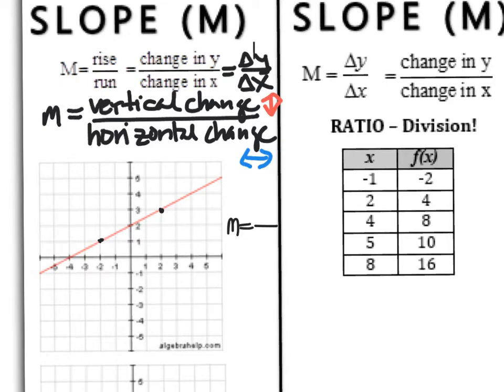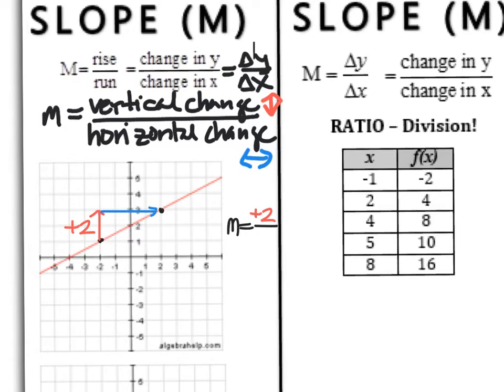I'm going to start at my leftmost point, and I'm going to rise up, and that will give me my top number. So in this case, I'm rising +2. Now sometimes a rise, or the vertical change, could mean a fall, and that would be a negative value instead. So I have a +2 for my change in y. And then I want to look at my change in x.